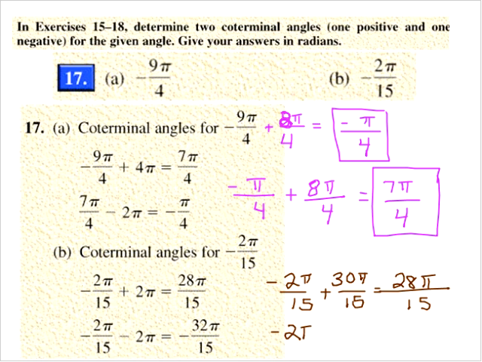So let's take the negative 2 pi over 15, and let's subtract the 2 pi this time. So if I subtract it, I get negative 32 pi over 15. So that could be your second coterminal angle, because usually we want one to be positive and one to be negative.